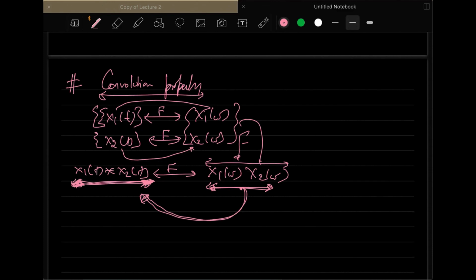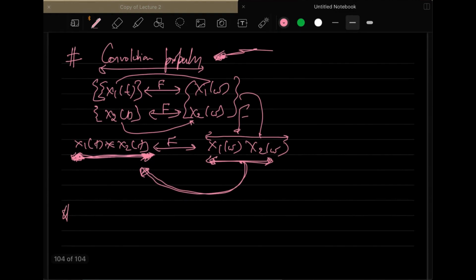This is a very important property, and based on this property, the Fourier transform plays an important role in most engineering applications. If you look at any engineering application which uses the Fourier transform, the main reason is this particular property.